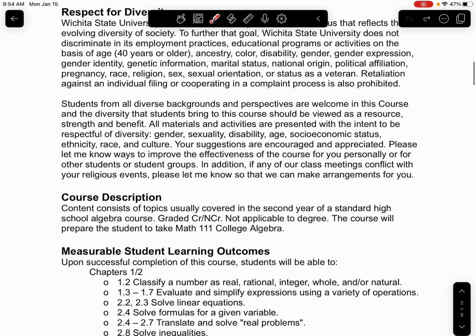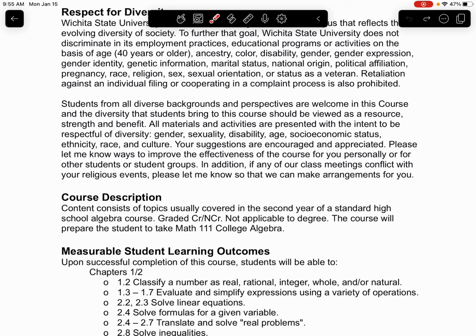let's talk a little bit about the basic structure of this class and what this class is for. So intermediate algebra is designed to be a class that prepares you for college algebra. Okay, so with that in mind, this is what we call a credit, no credit class, okay? What that means is that the specific grade you get actually doesn't really matter.